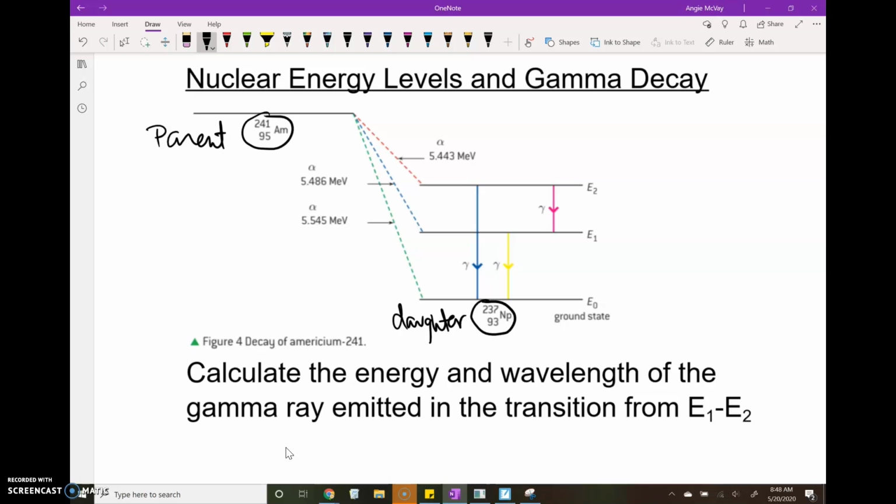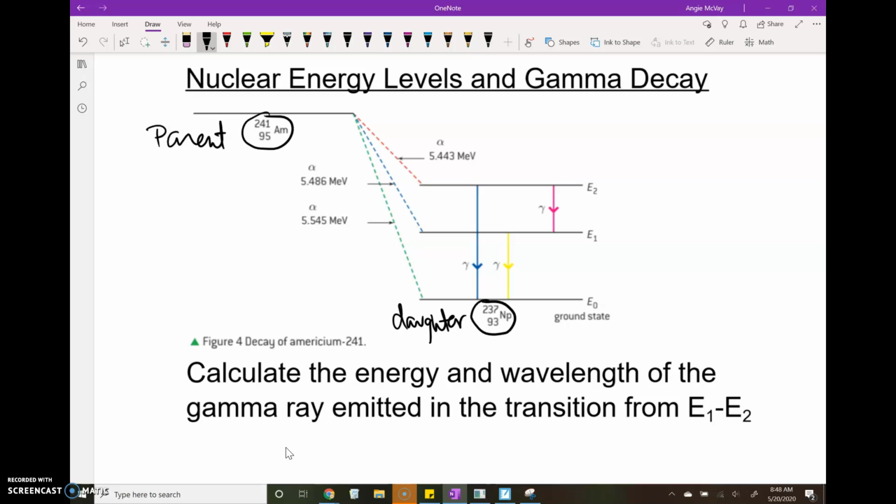And nuclei, when they're in an excited state, just like electrons, want to return to their ground state. And so some energy has to be emitted, and it's emitted as a photon, right? Just like an electron making transitions would. Okay. We call this emission of photons by an excited nucleus, when it transitions down to a lower energy level, gamma decay.